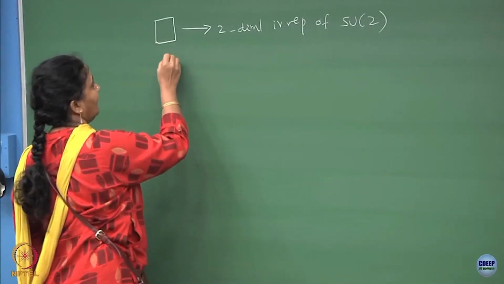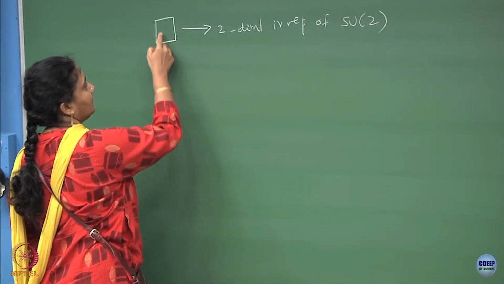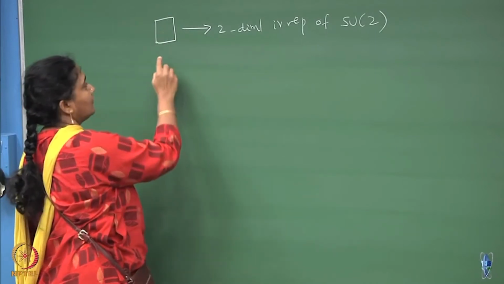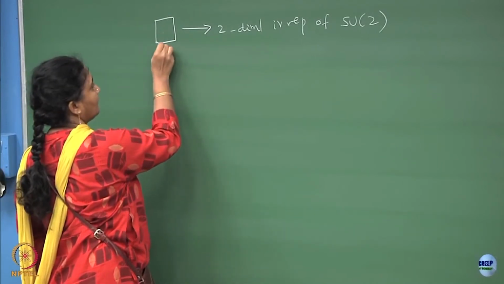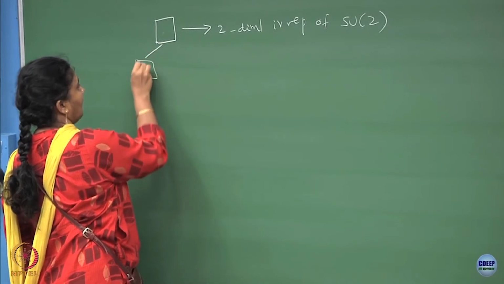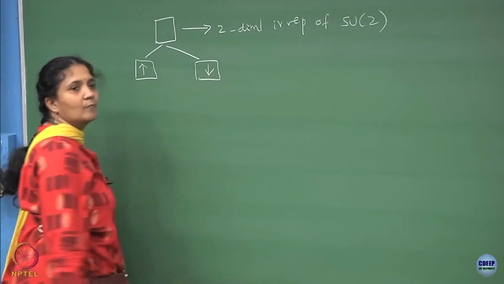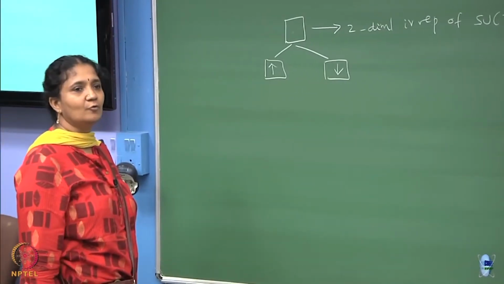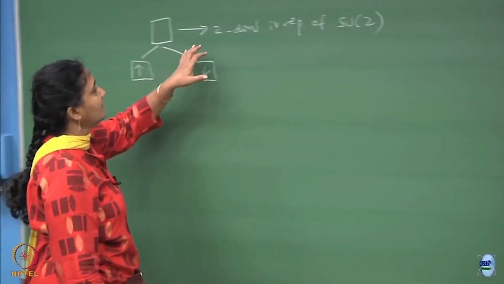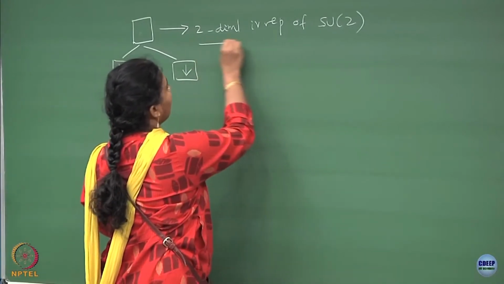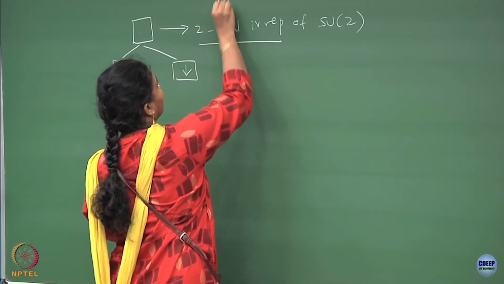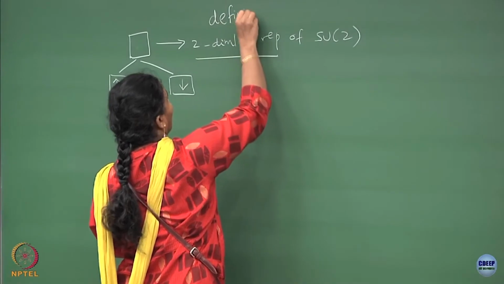The reason is that inside this box you can put either up spin or down spin, right. So, this is the notation, and this irrep we call the defining representation.